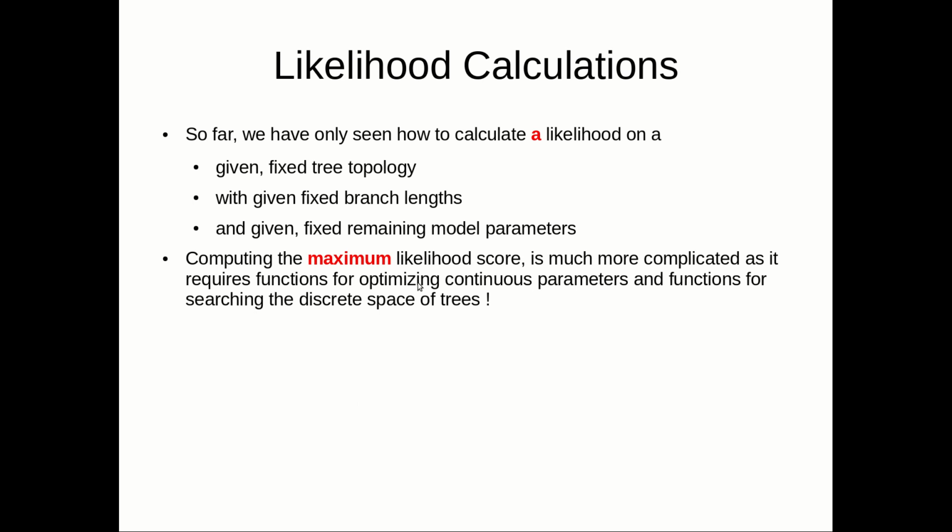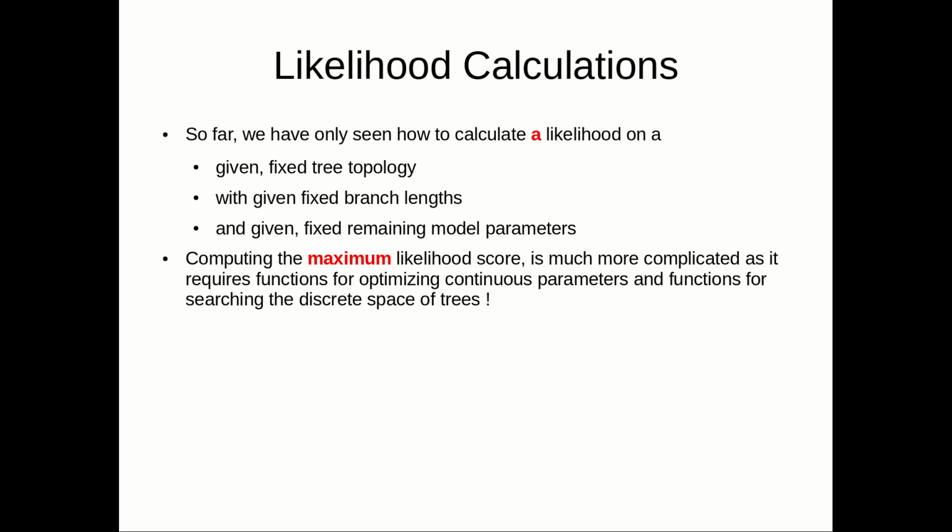Okay, so far we've only really seen how to calculate a likelihood on a given fixed tree topology with given fixed branch lengths and given fixed remaining model parameters, right? So we assume that the rates in our rate matrix were just given to us. So this is just how we compute the likelihood on one instance of all the parameters that we need to optimize.